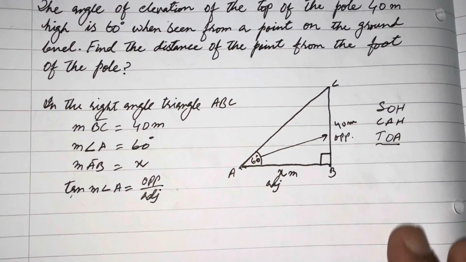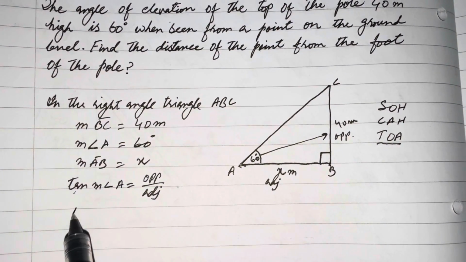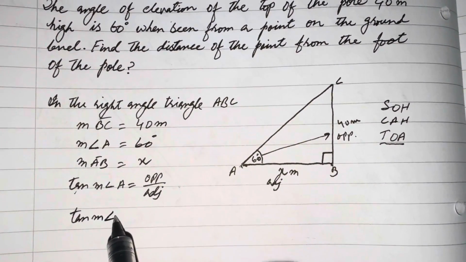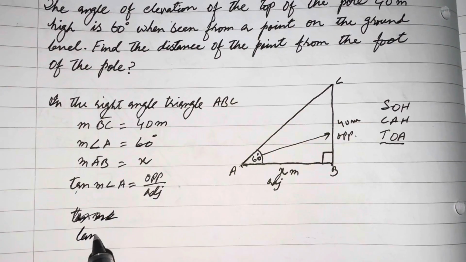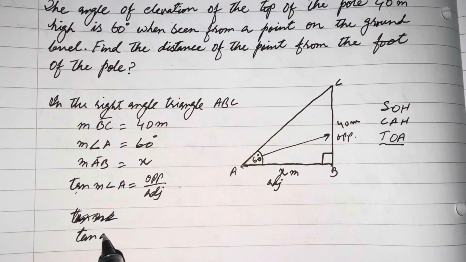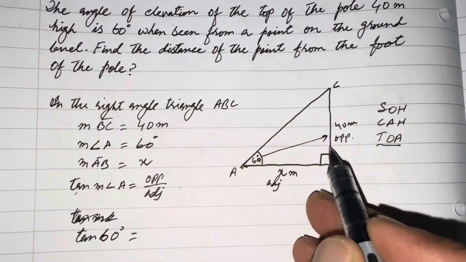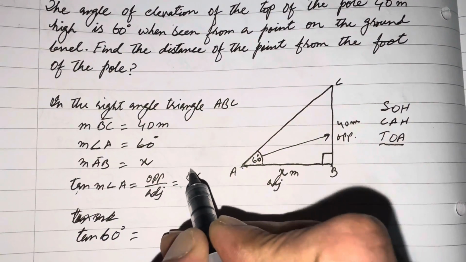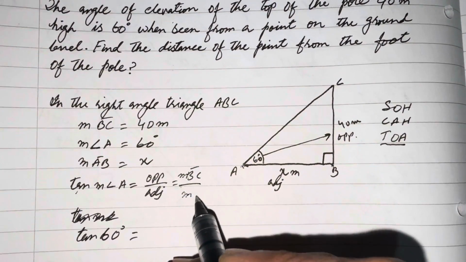So in the triangle, measure of angle A is given as 60 degrees, so if we put the values, tangent of measure of angle A, which is 60 degrees, is equal to the opposite side, which is BC, divided by the adjacent side, which is AB.